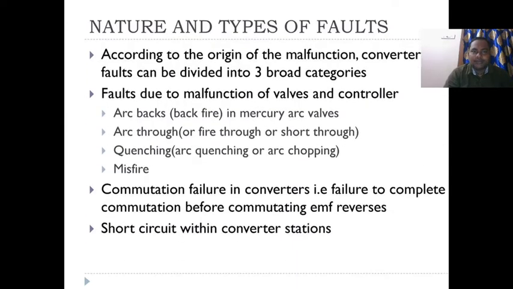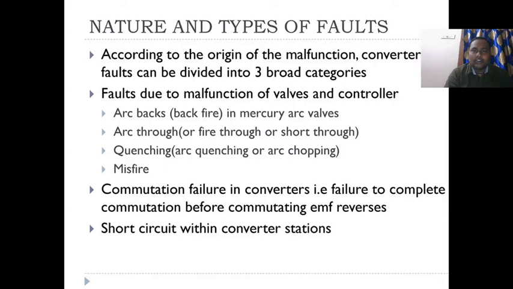So normally there are different types of faults in HVDC system that are very different from the AC system. Normally the faults in AC systems are line to line faults, line to ground faults, double line to ground faults, and also triple line to ground faults.